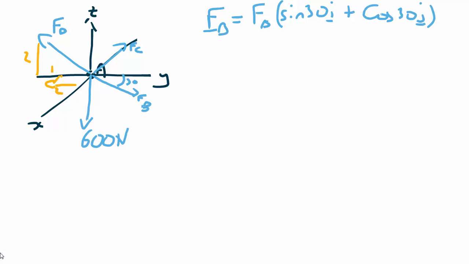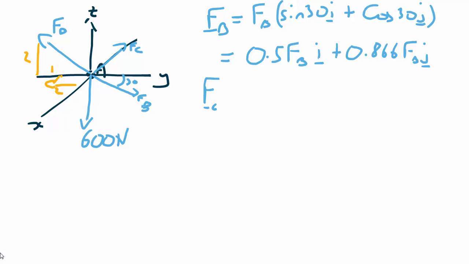So it's 30 degrees from the y-axis, so you can use that 30 degrees effectively as a beta angle. So that will work out at 0.5 FB i plus 0.866 FB j.